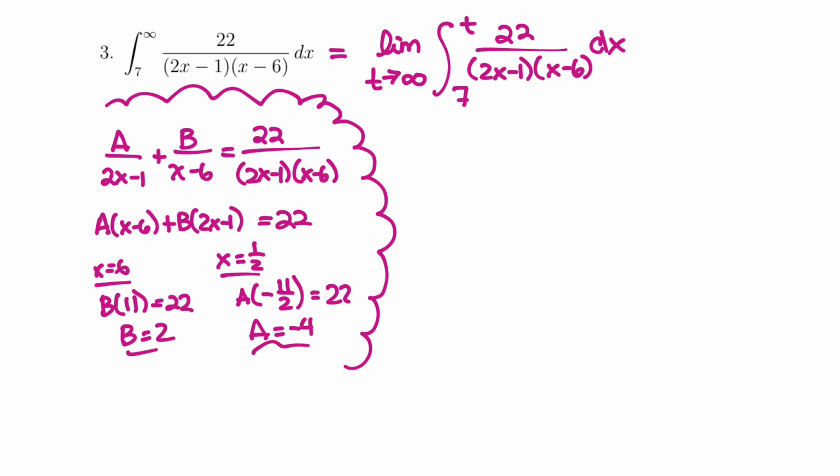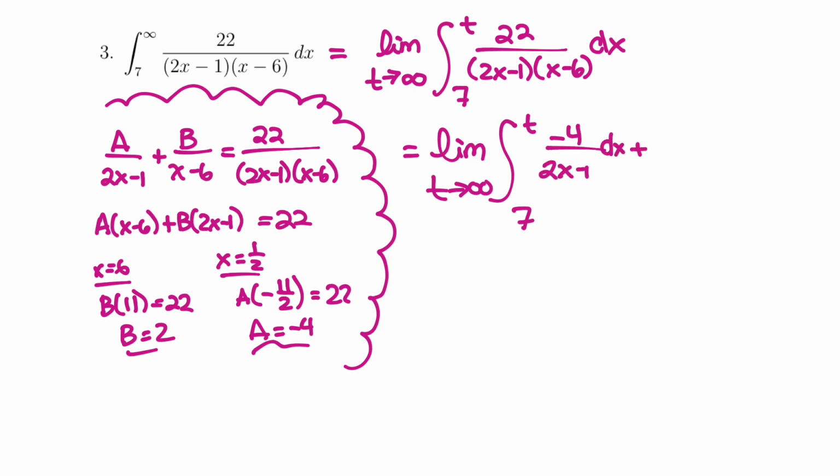Yep, I get negative 4 there too. So the limit as t goes to infinity of the integral from 7 to t of negative 4 over 2x minus 1 plus the integral from 7 to t of 2 over x minus 6.